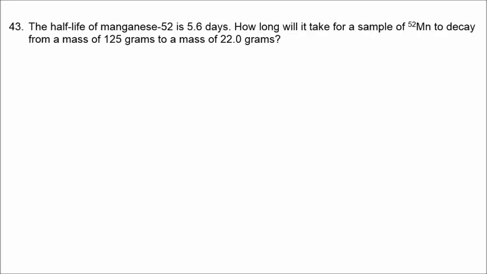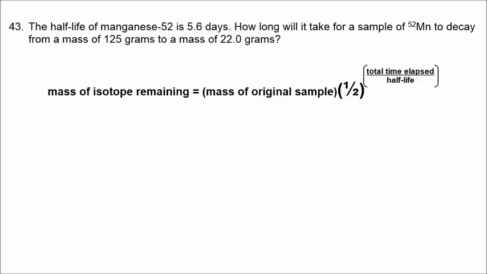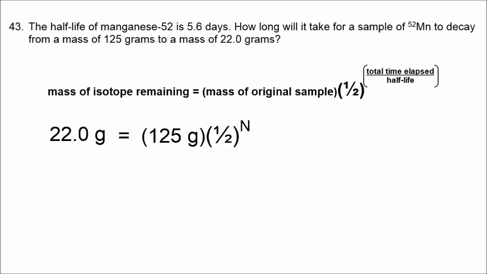In our next half-life example, we're trying to figure out what the total time of decay is going to be. We know that we started with 125 grams and that now we have 22 grams. So I'll just write capital N for the exponent. If we solve for this exponent, we have to take the log of both sides.